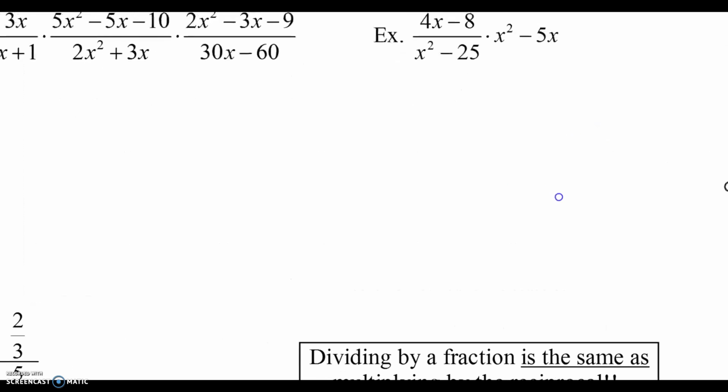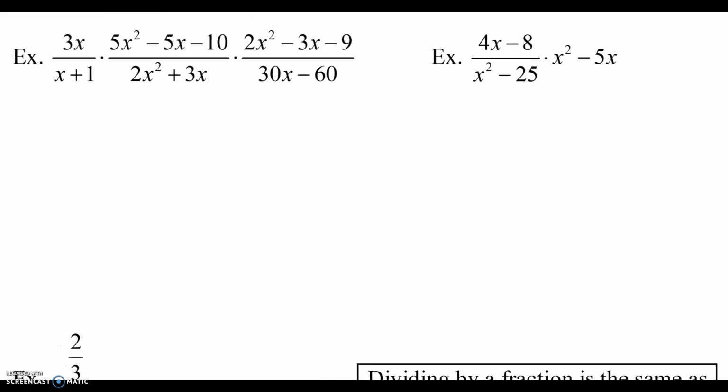So, if you have a problem like this, 3x over x plus 1 times 5x squared minus 5x minus 10 over x squared plus 3x times 2x squared minus 3x minus 9 over 30x minus 60. So what you're going to want to do is factor as much as you can.